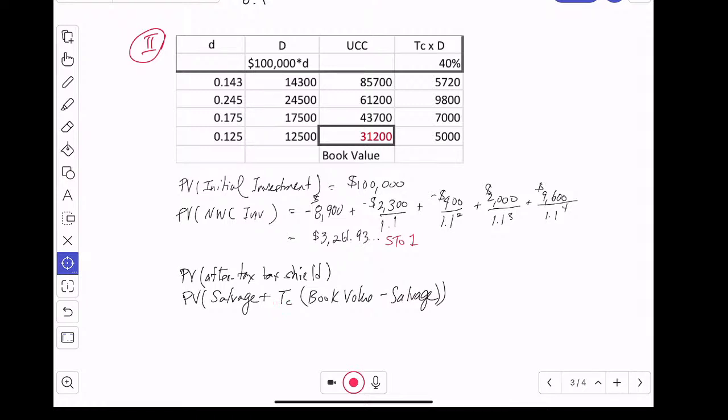But I have to pay taxes if I sold it for more than it was worth. So that would be a negative.